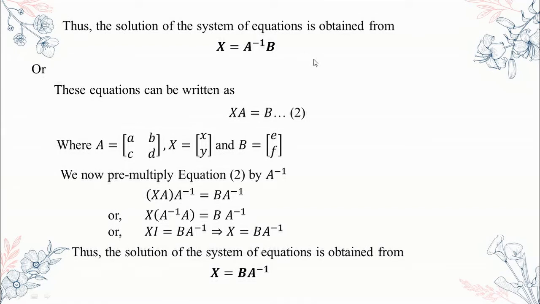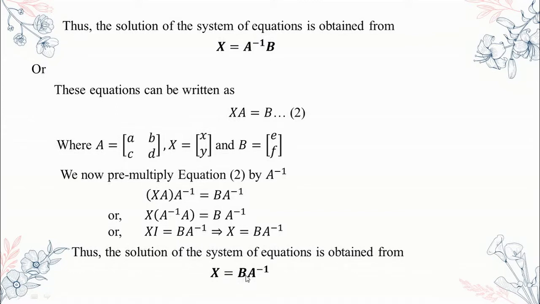When you have the equation XA equal B and you want to find X, you put the A inverse after the B. You can see from here, this one is X equal A inverse B, because we have A in front of X, so you put the inverse in front of B too. In here, we put A in the back after X for the second equation, which means you need to put the inverse after B. Okay, so you get it.